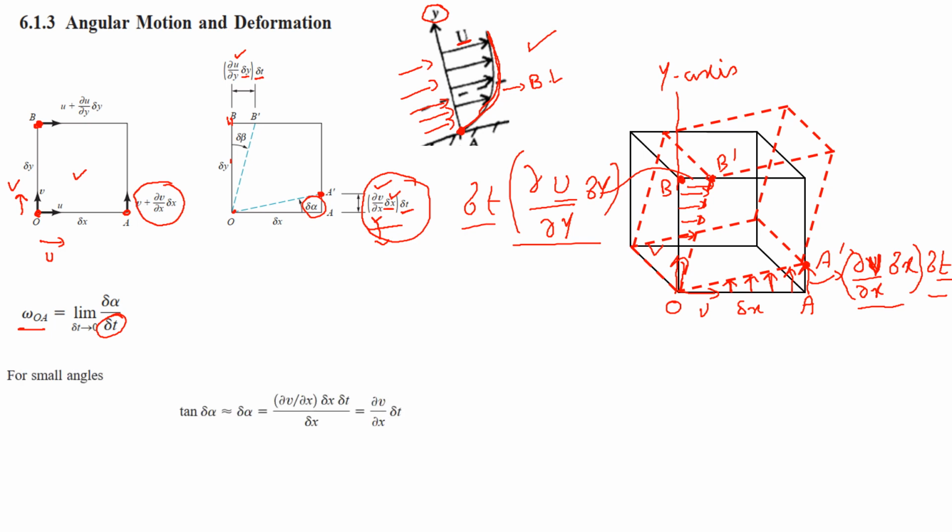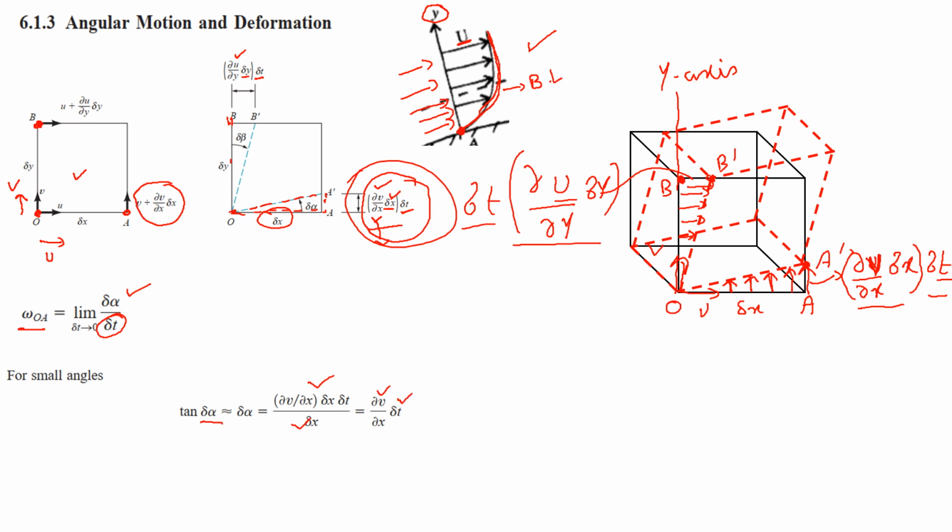We can also find a term for this angle delta alpha by taking the tangent of this small triangle. The tangent of this angle will give us perpendicular divided by base. So this is our perpendicular term and this is our base term, and this will come out to be partial v over partial x times delta t.